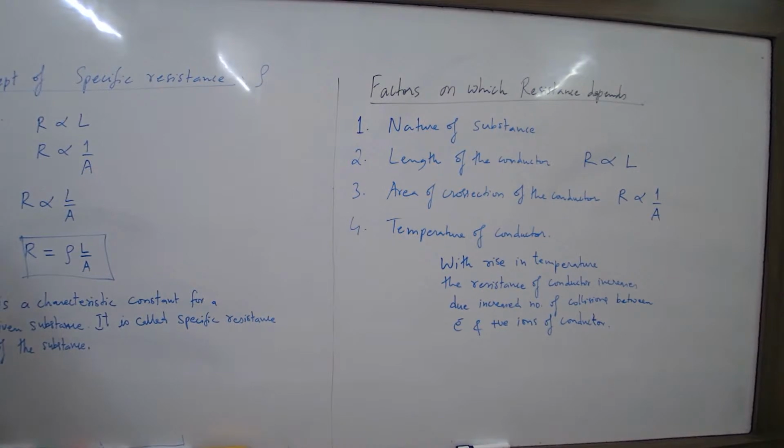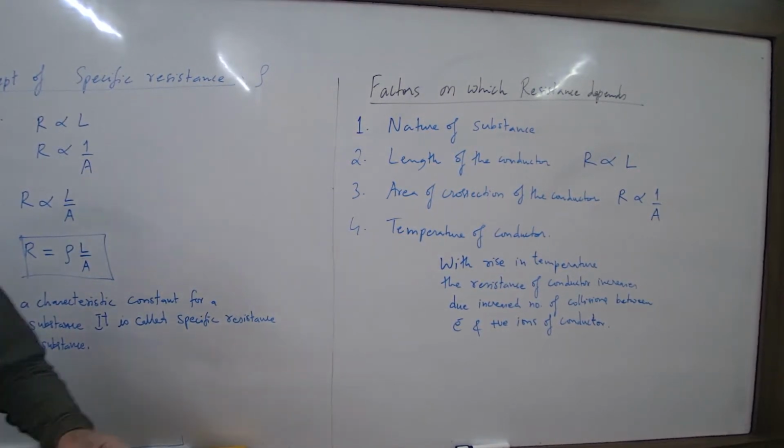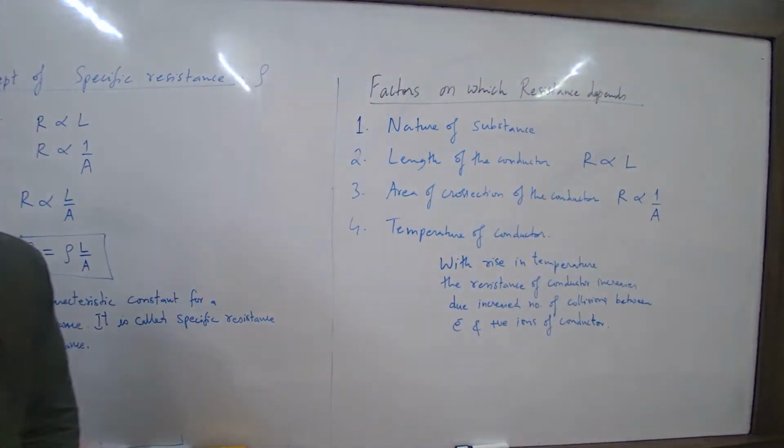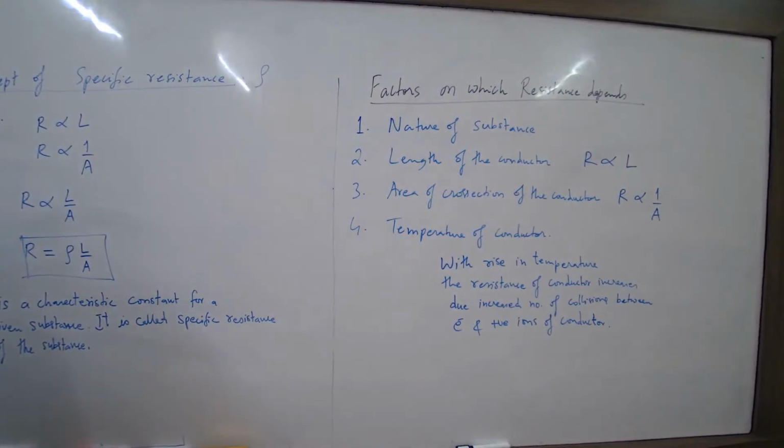So what is specific resistance? Now we know that the resistance of the given substance is not a constant. It changes with the dimension. So first write down the analysis.